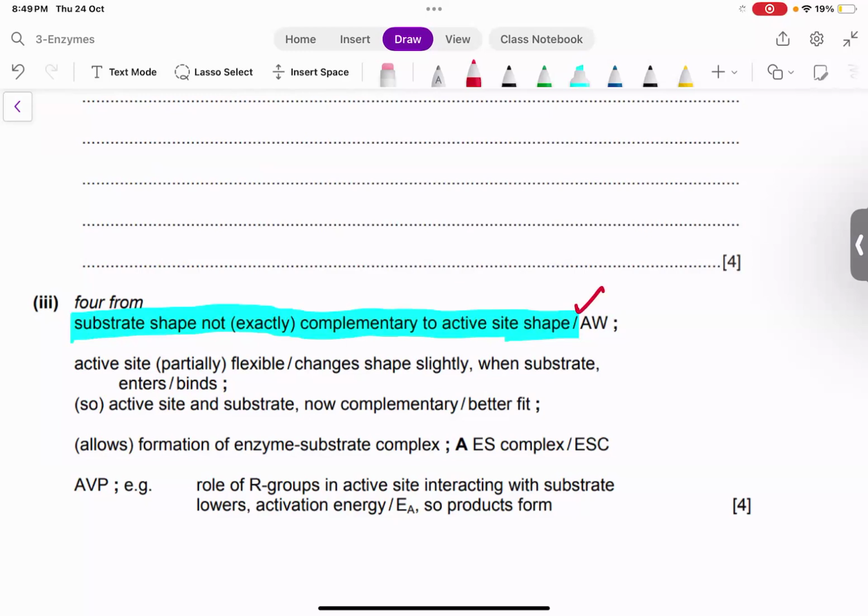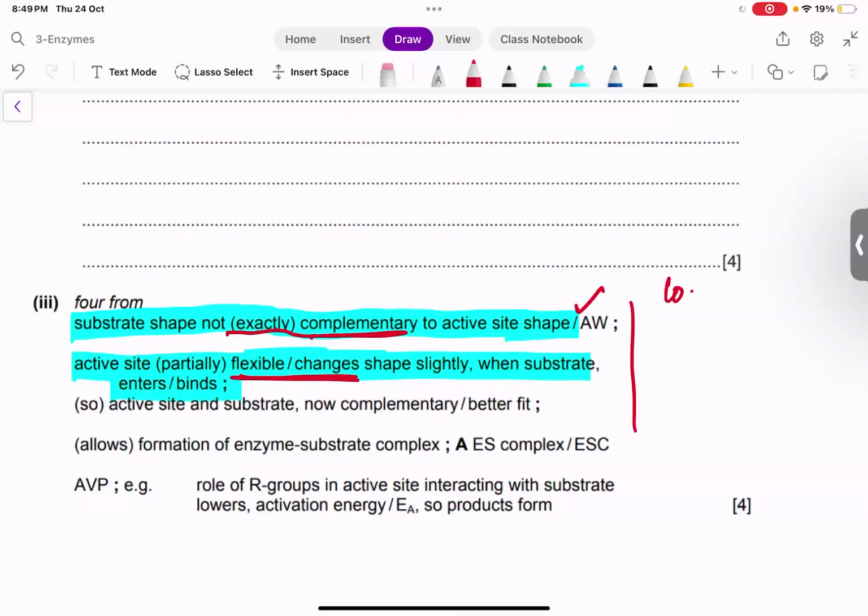In the lock and key model we discussed that the shape of the substrate is exactly complementary to the active site, whereas in the induced fit model, it is not complementary. Or the shape of the active site is flexible. Slightly it can change. Whereas in the case of the lock and key model, it is rigid.